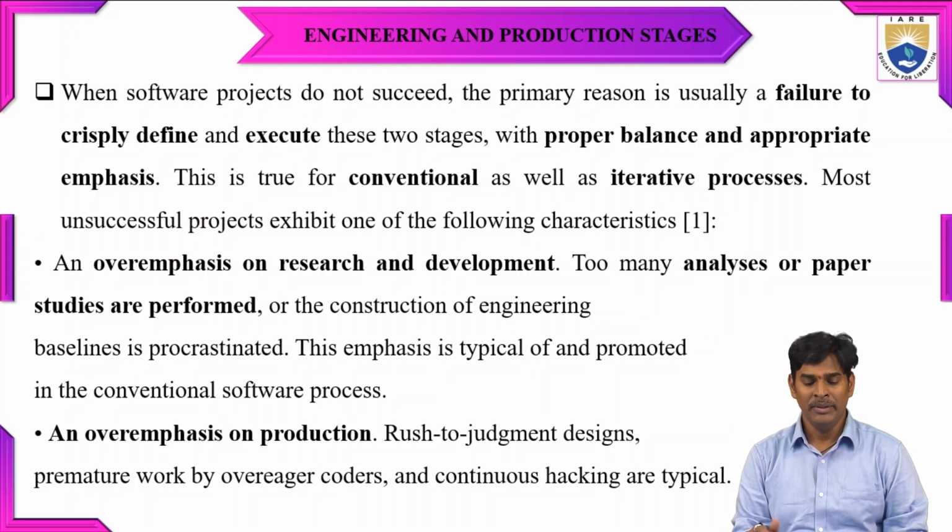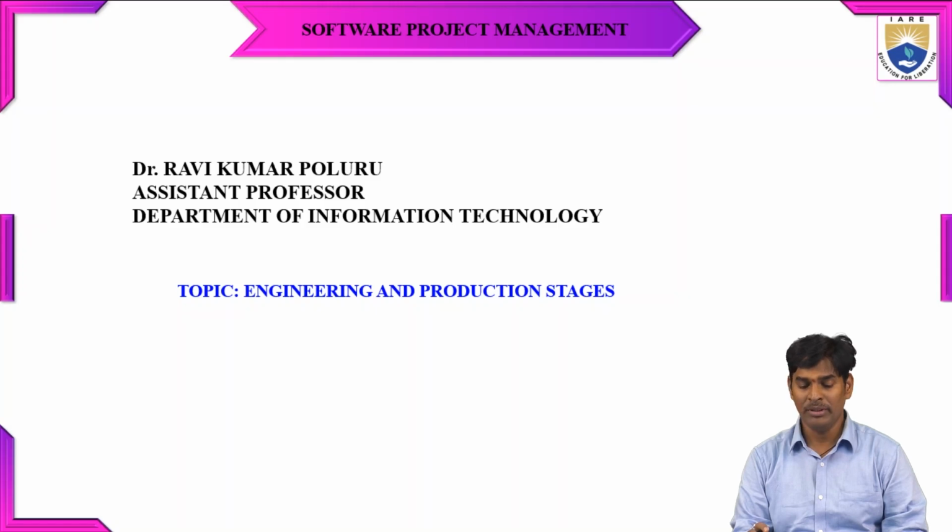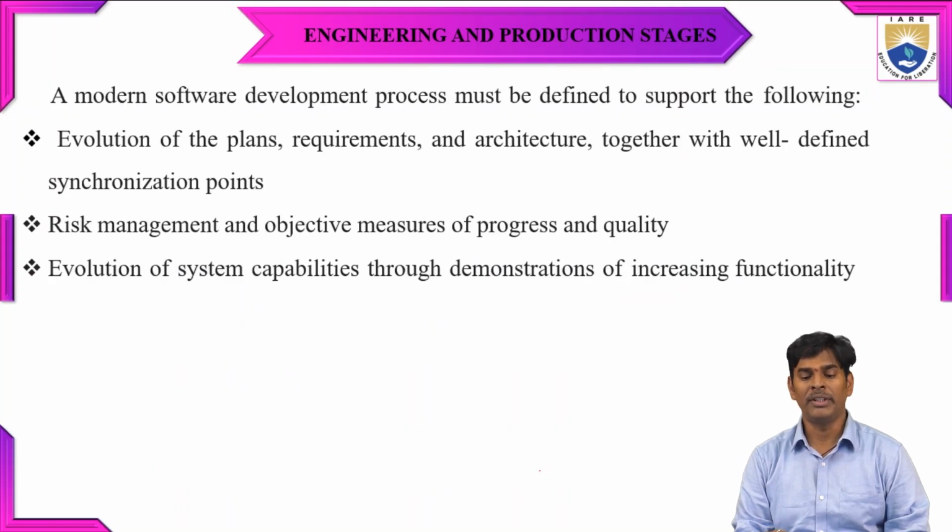So mainly, these are the characteristics of unsuccessful projects. They should not judge the design parts, the coding part, as well as the hacking of things. These are the main causes of failure in the engineering phase of a software project.